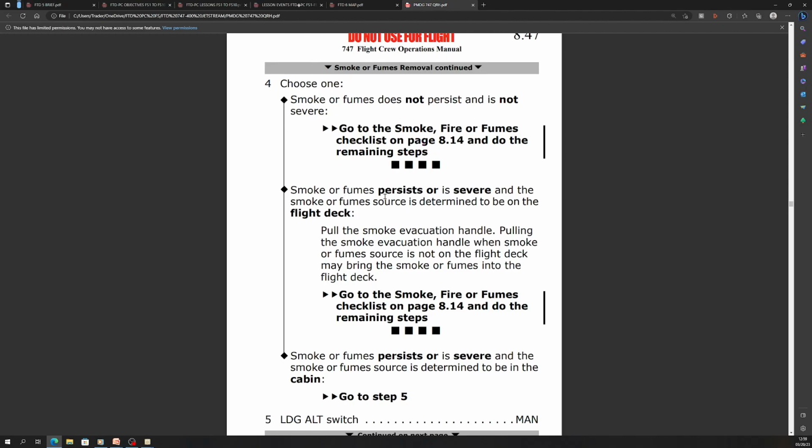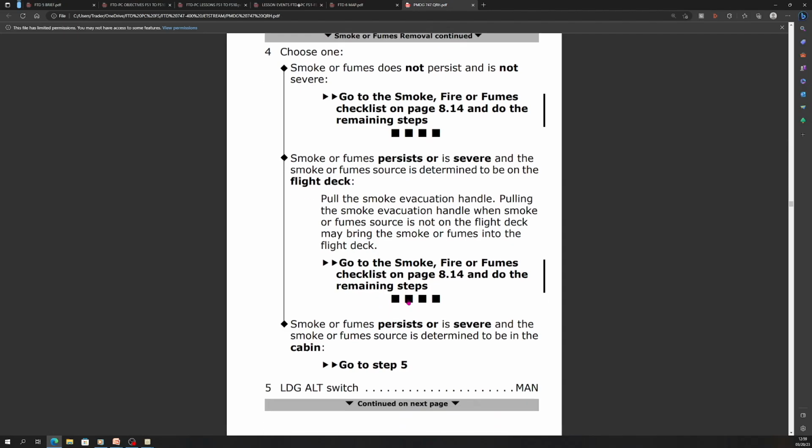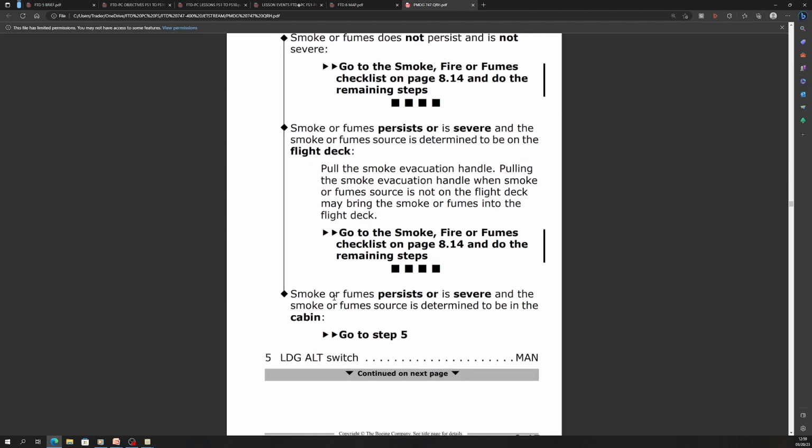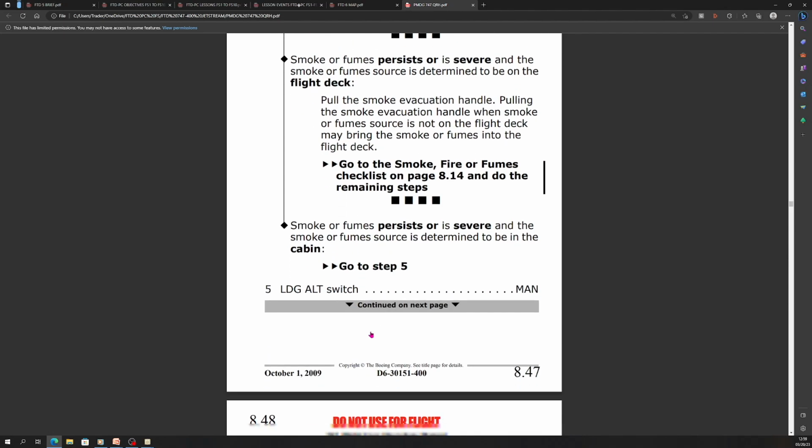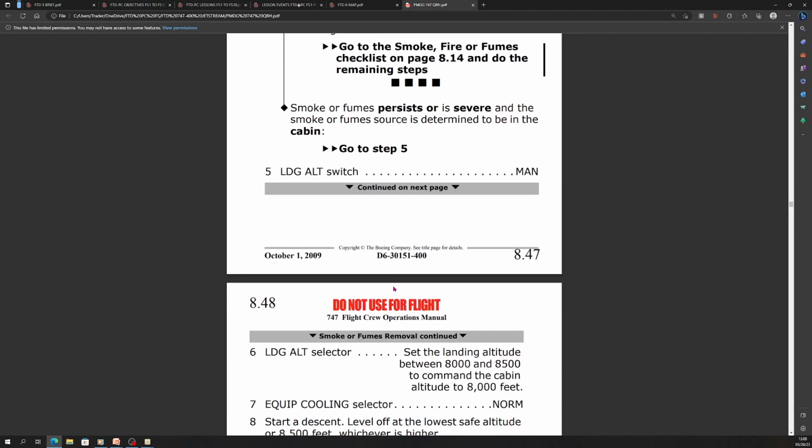But if the smoke or fumes persist or are severe, and the smoke or fumes is on the flight deck, then we're going to do this. We're going to pull the smoke evacuation handle, and so on. You can read that. The third condition is if the smoke or fumes persist or are severe and the smoke or fume source is determined to be in the cabin, then we're going to go to step 5 and we're going to do all this.